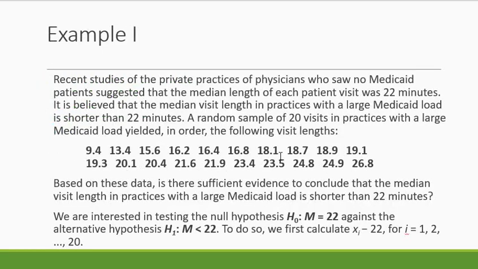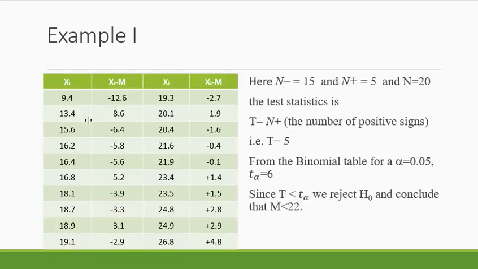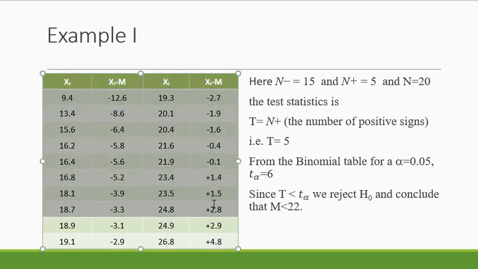So come to the example. Here we have values given and we want to test the hypothesis that the median value is 22. So let us see how we are going to calculate this value. So here it is xi.